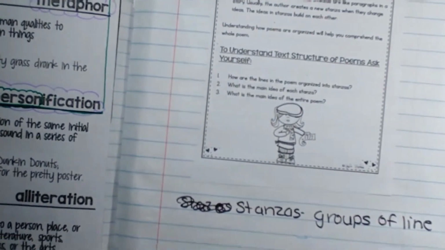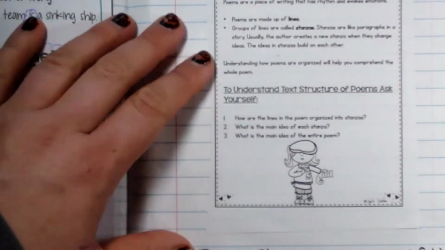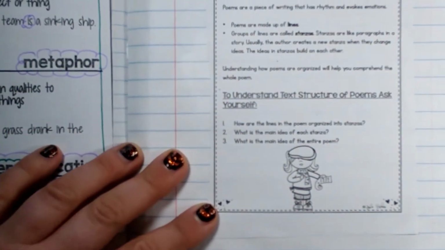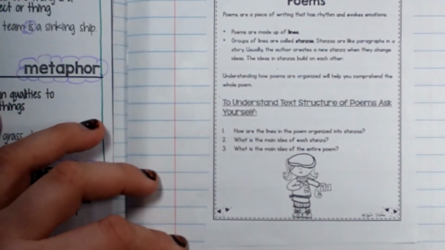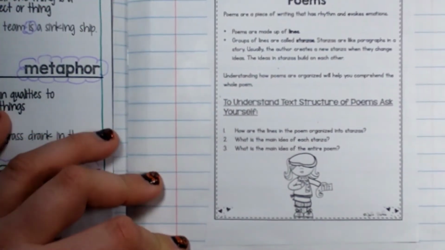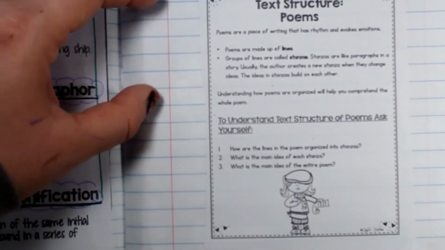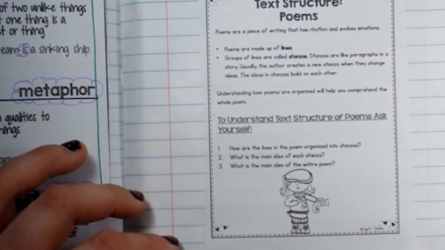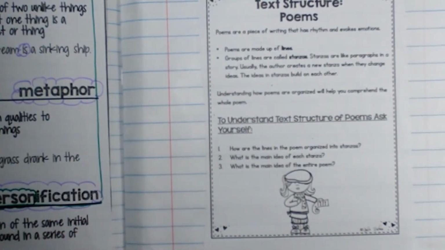So my suggestion, and I'm going to show you how to do this, is to go from stanza to stanza, just like you would paragraph by paragraph on a more difficult text, informational text, and write what you think each paragraph, stanza in this case, means before you move on, because that will help you overall.